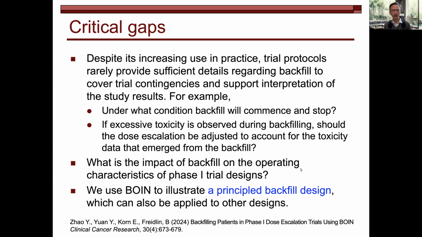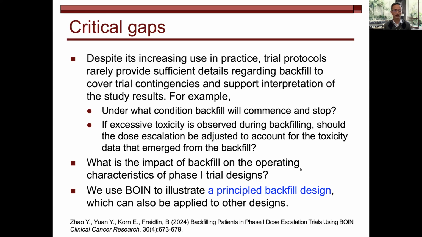And so therefore, there are a lot of issues never addressed rigorously in the trial protocol, especially given the guidance. People may be more interested in backfilling patients to collect more data to satisfy a regulatory requirement. So then the question becomes, under what condition will backfill commence and stop?